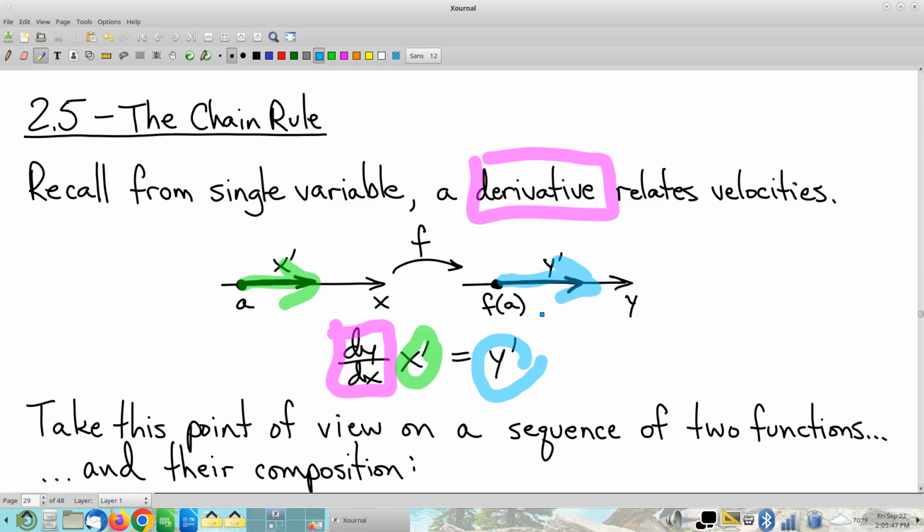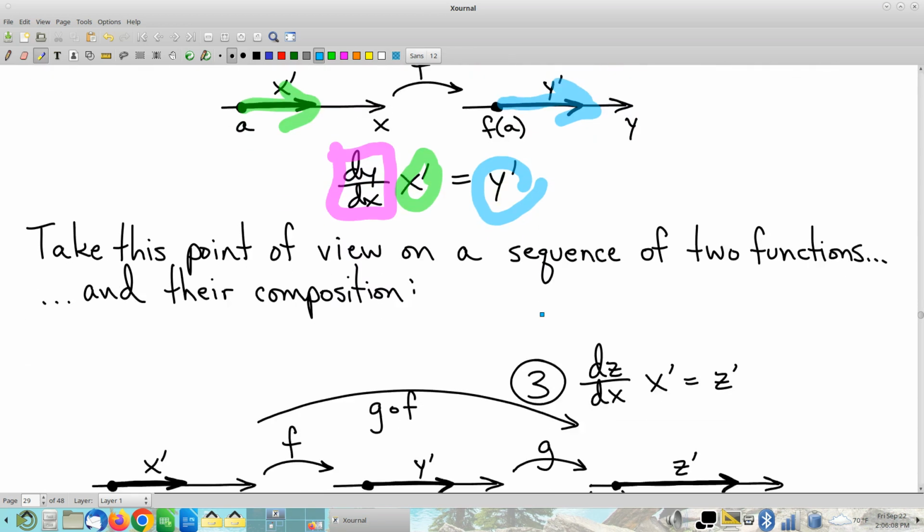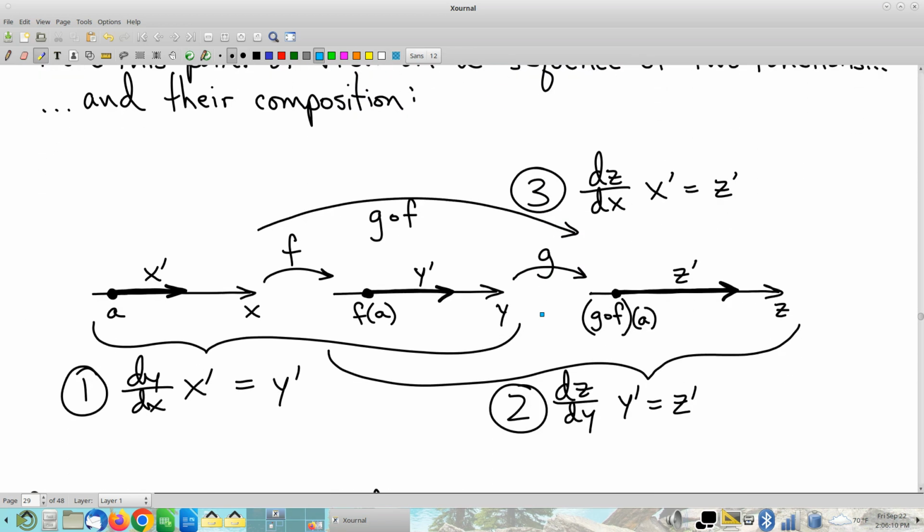All right, so derivatives are factors that you multiply by input velocity to get output velocity. And I'm going to say that again one more time just for the purpose of emphasizing: derivatives are factors. They're multiplicative factors.